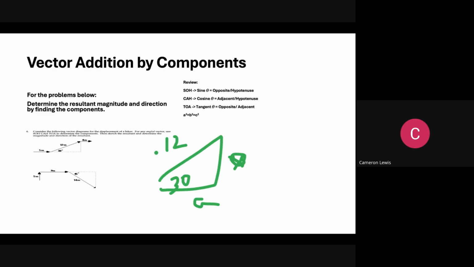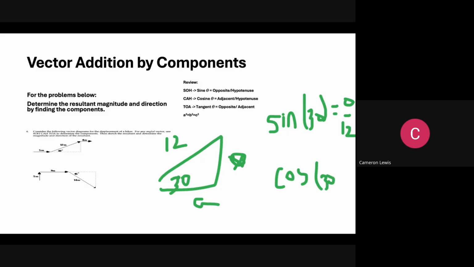If I want to find this opposite one, I could do sine of 30 equals opposite over what, 12, right? So then I just multiply 12 by sine of 30. I do the same thing and do cosine of 30 for adjacent, which gives me adjacent over 12. So now just multiply 12 by each one of these, right?